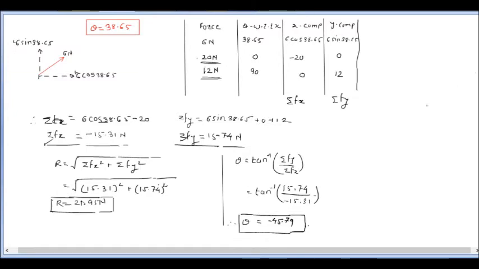From the sign convention of this f of x and f of y, we can predict that the x component of the resultant will be located on the negative x-axis, because of its negative answer, that is, the summation of f of x is equal to minus 15.31, and the summation of f of y is along the positive y-axis, which is 15.74.